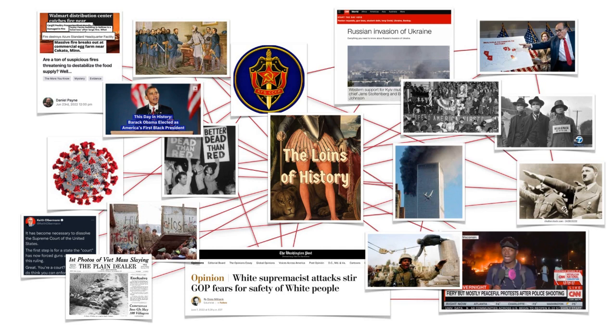So Friedman and Schwartz basically say, hey, the Great Depression was actually really bad because the Federal Reserve didn't do anything from 1930 to 1933.